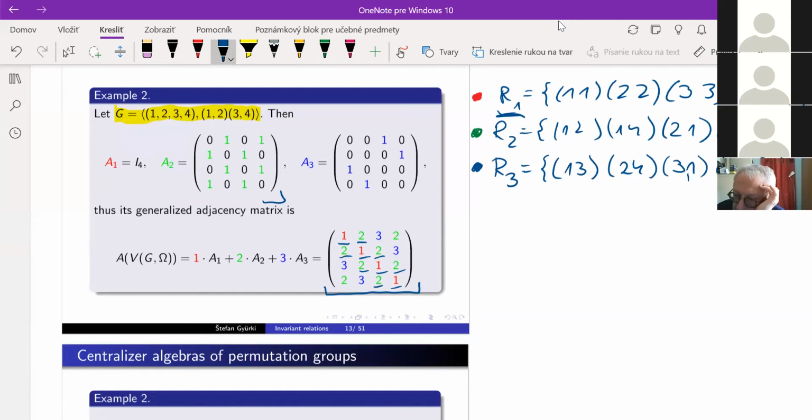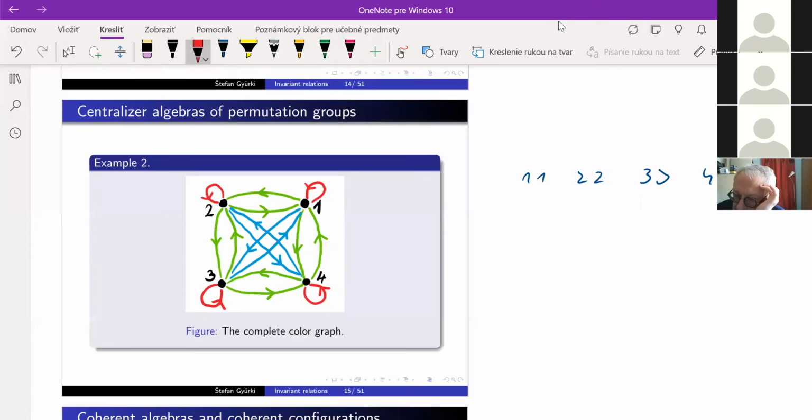So in this manner, instead of using, say, 3 matrices, we can display the full information contained in the 2-orbits just by using one matrix. And a similar thing can be done with graphs. So here in the picture, they are in red color.